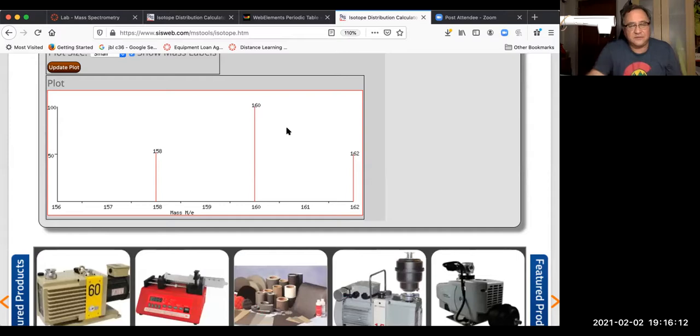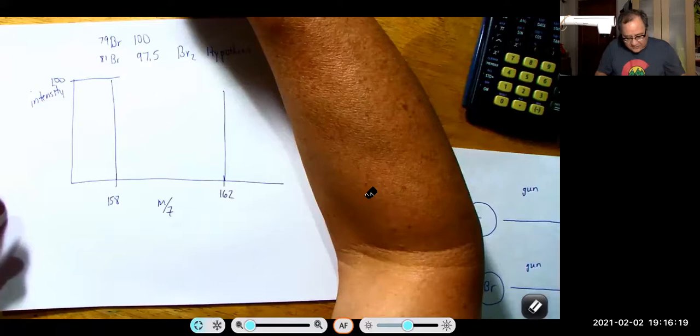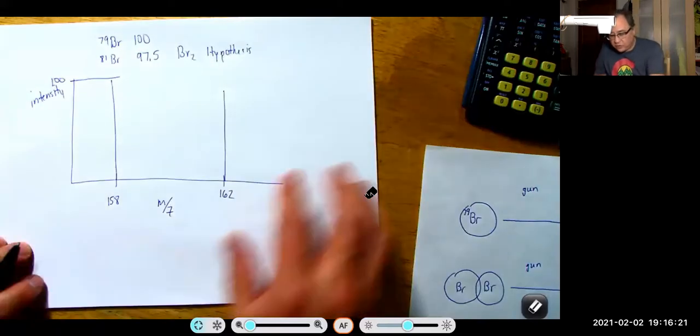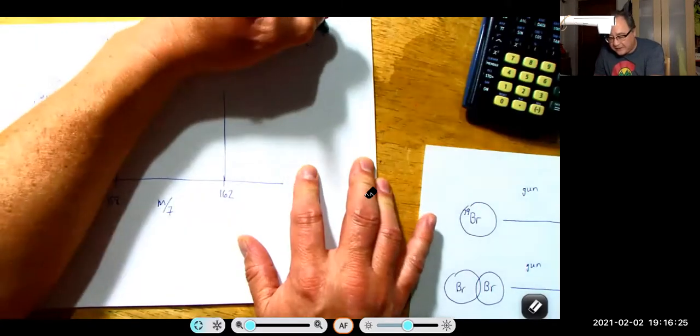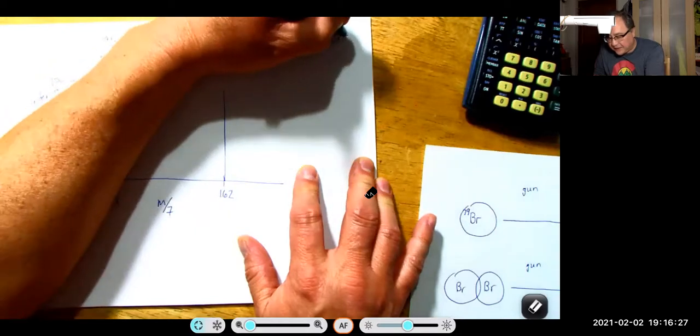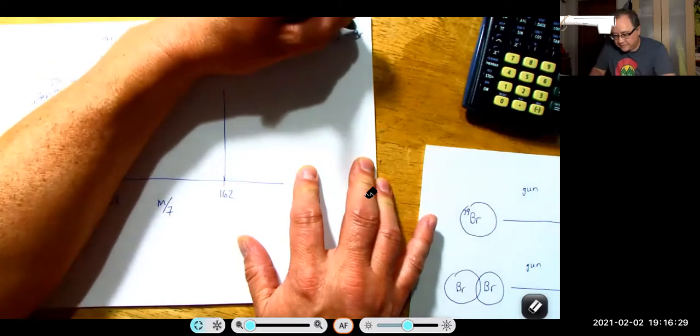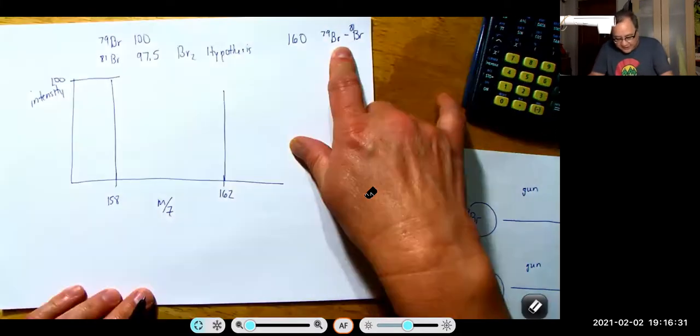Now, I'm going to change my screen. So now we have a 160, which could be a 79 and an 81. So there's my 160.